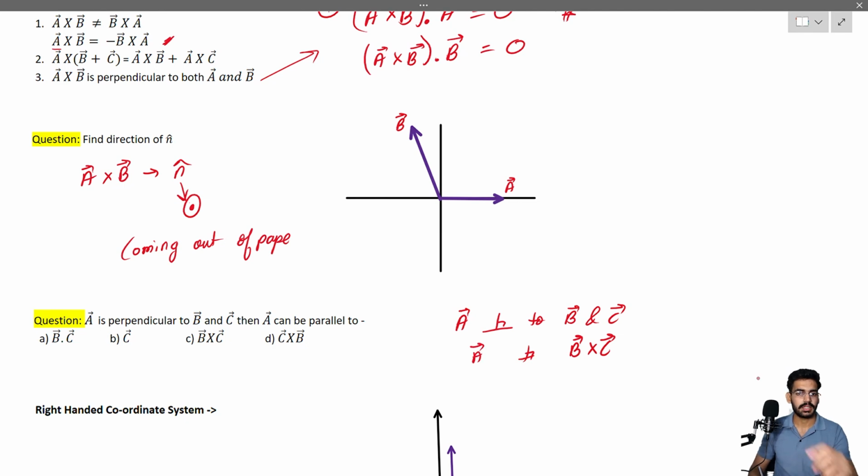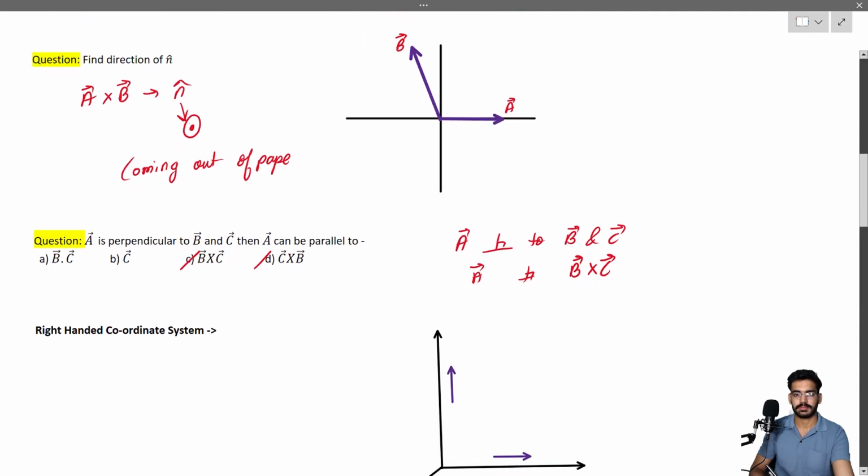But B cross C and C cross B both have equal probability of being parallel and anti-parallel, right? So both can be possible, so I can say C and D options both can be possible. One will be parallel and one will be anti-parallel, but we don't know which. So there is equal chance for answers B, C and D, right? So we are going to take both.